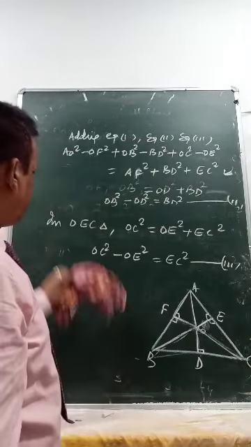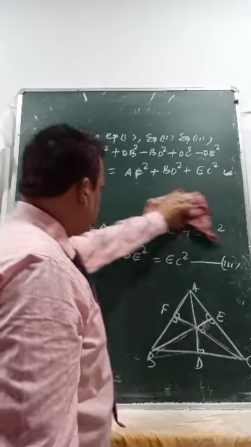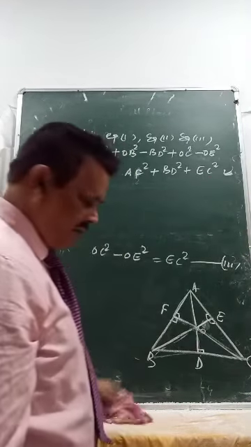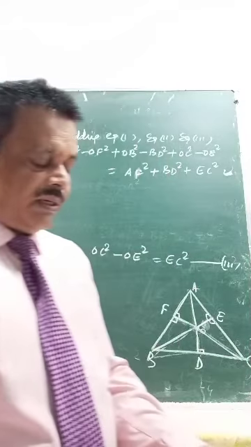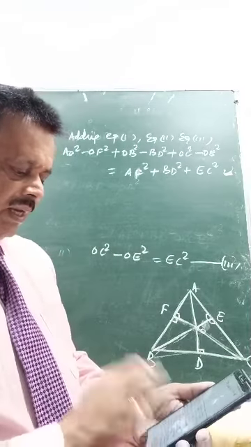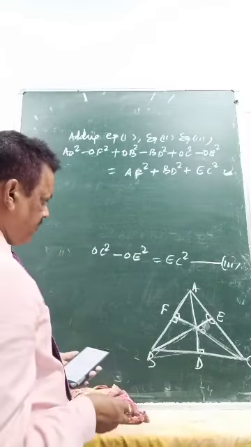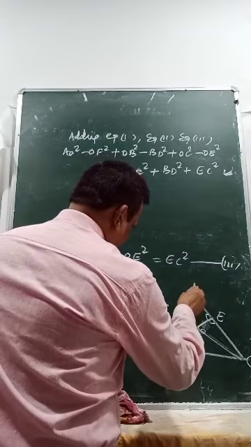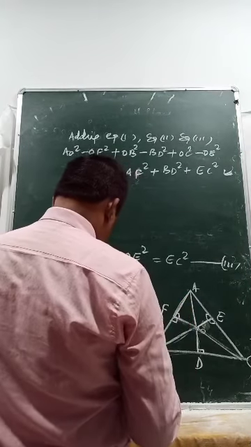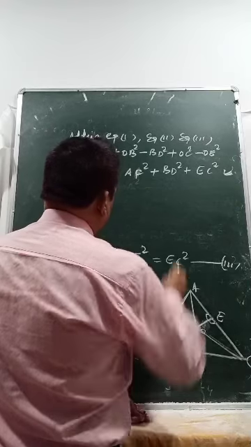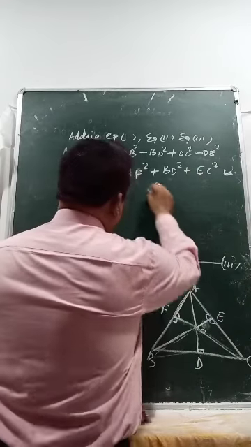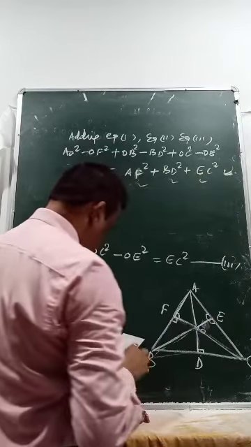Now look at the second part. Observe very carefully. The second part of the question is AF square plus BD square plus EC square. This part equals what?